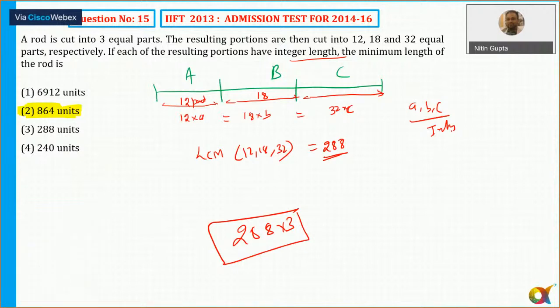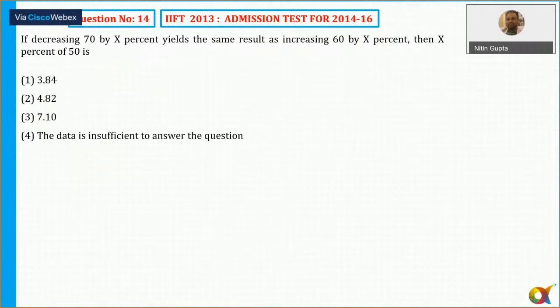Okay, let me go back to question number 14, which says if decreasing 70 by x percent, 70 को x percent से decrease करें, then it means what?